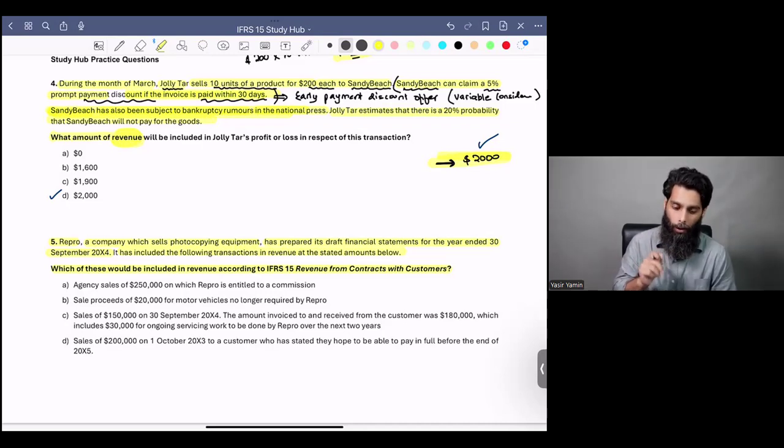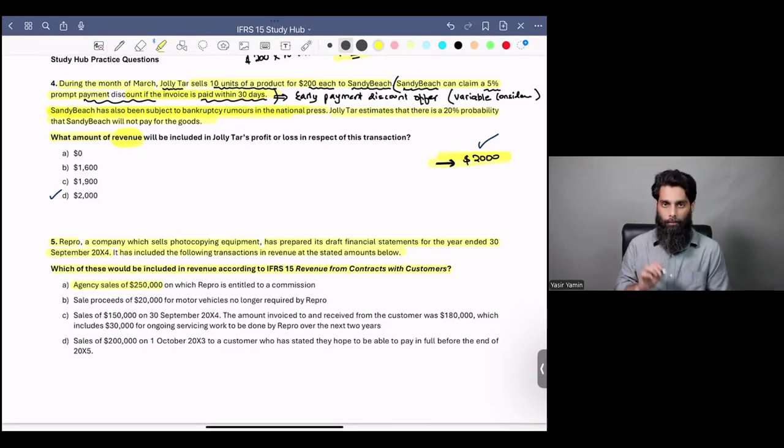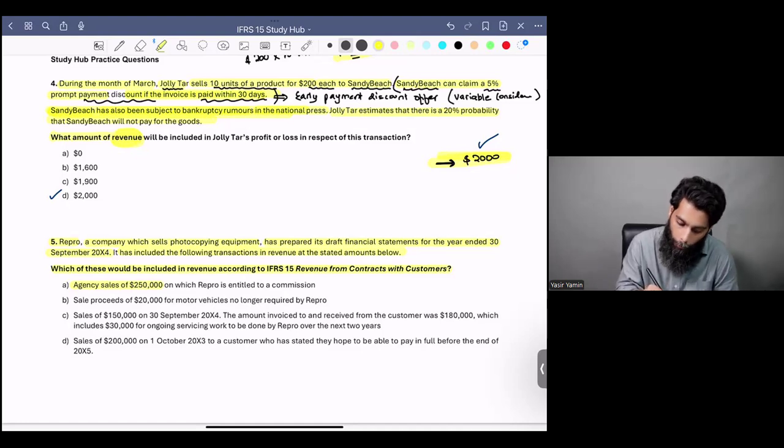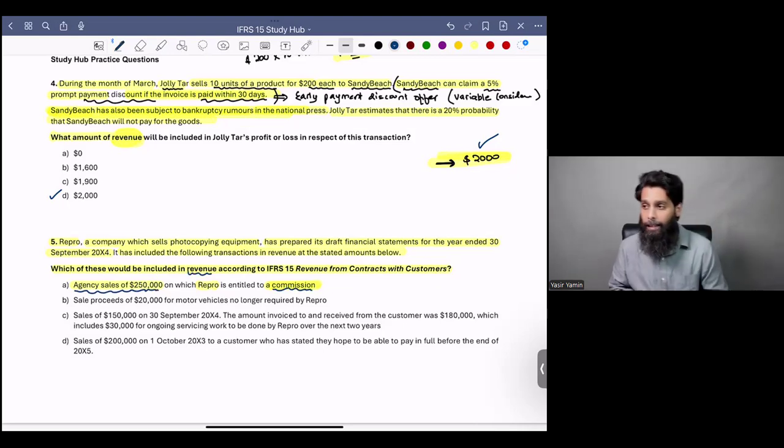The first question. Agency sales of $250,000. There are agency sales that we have done for $250,000, for which Repro is only entitled to a commission. Can we recognize $250,000 as revenue when we are only entitled to a part of this total sale?